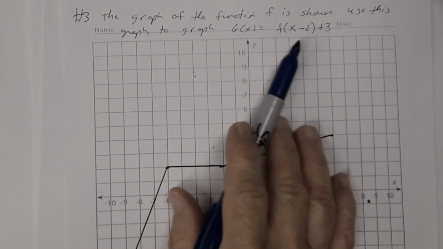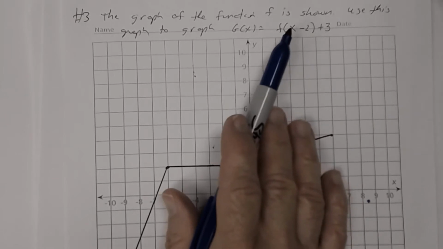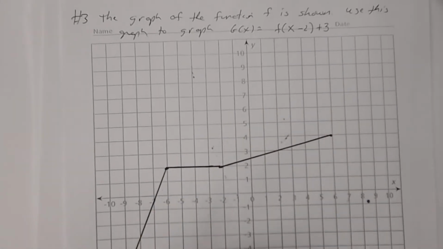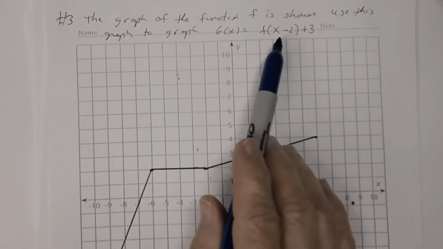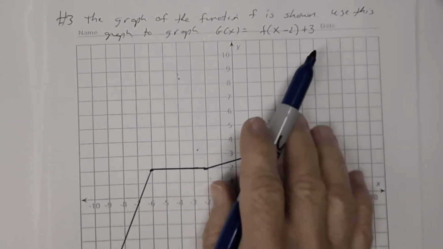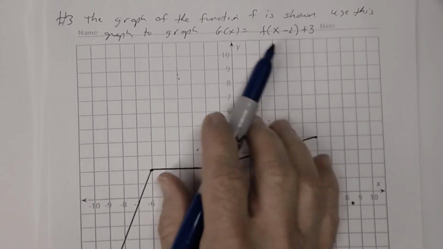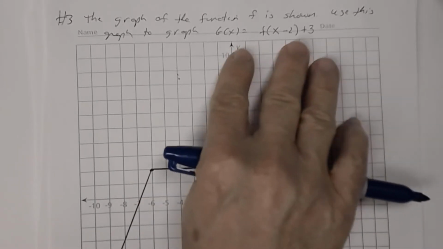Now, notice that I'm combining horizontal translation and vertical translation. Okay? Now, remember our order. So we're going to do horizontal translation first, and then we're going to do vertical last. Always do vertical last. Now, it didn't matter here. To be honest with you, it did not matter here.